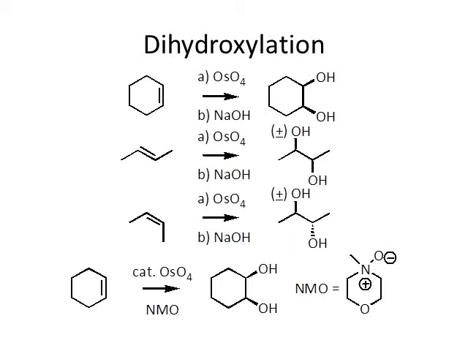You generally want to cut down on the amount of metals you're using, because they generally have some level of toxicity. And so the less you use, the less waste you produce. So there's a catalytic variation on this that has osmium tetroxide, but then it throws in this NMO. And this NMO basically takes the reduced form of osmium, that's a byproduct of this reaction, and it reoxidizes it to make more osmium tetroxide.